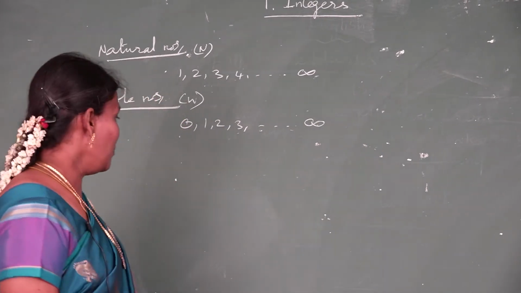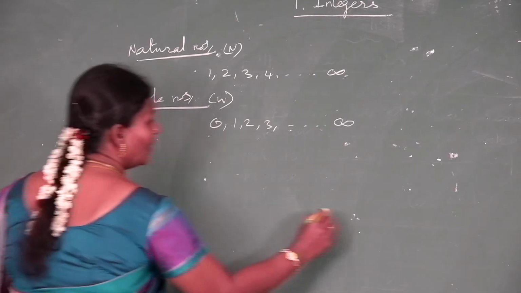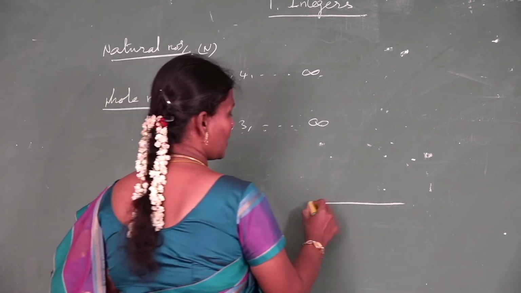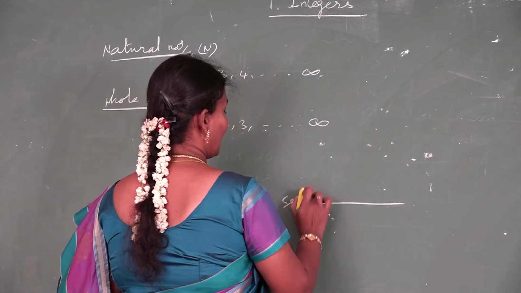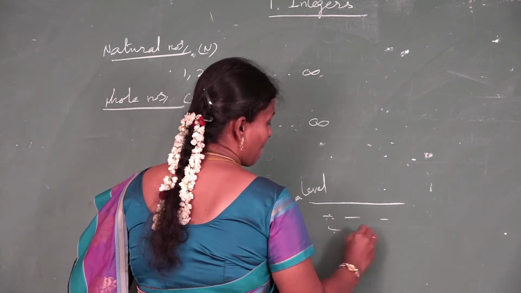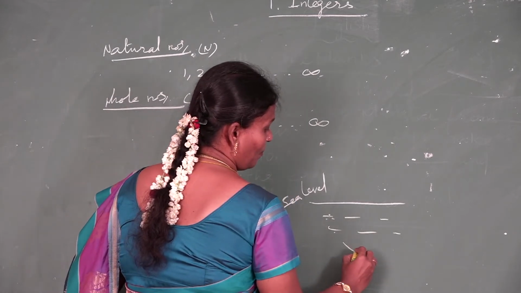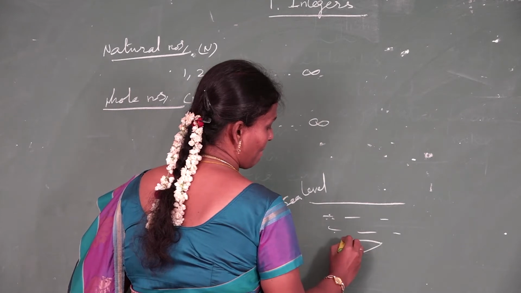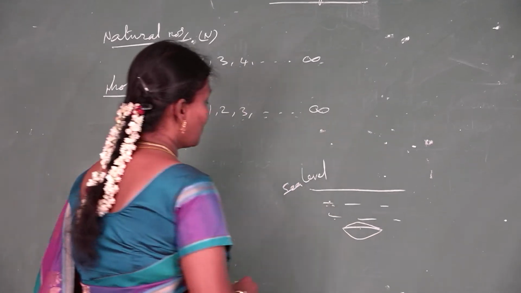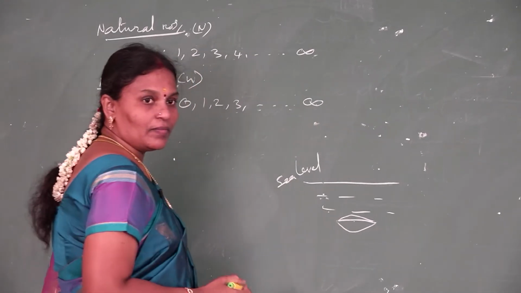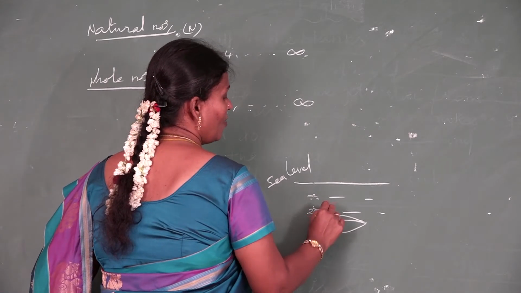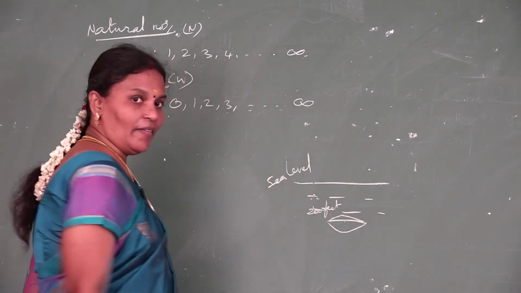Okay? For example, see, this is the sea level. Consider this as sea level. Here, one submarine is here. The submarine is below the sea level. For example, you take 200 feet below the sea level.